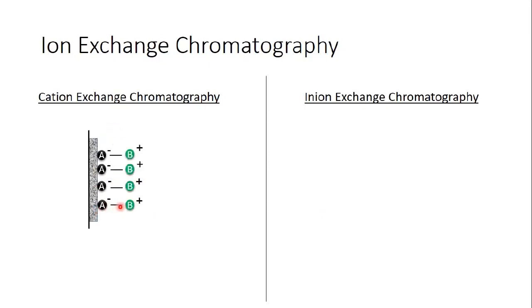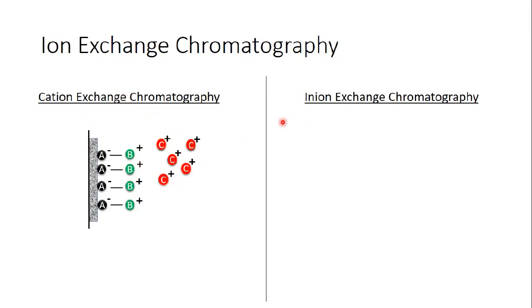And this substance is bound to substance B, which is positively charged. It's like this is a polar bond, or an ionic bond. And then the substance of our interest, our substance we need to separate in the sample, is positively charged, and then it will be exchanging with substance B. So because of this, we call it cation exchange chromatography.